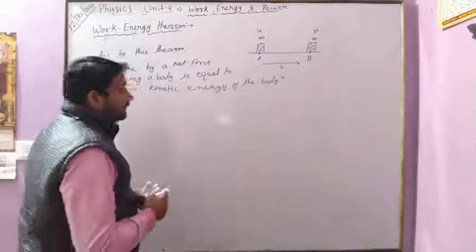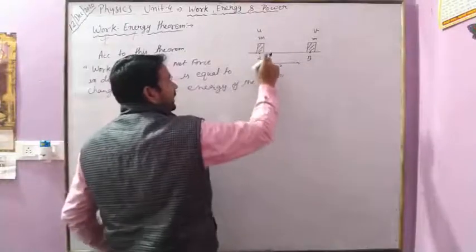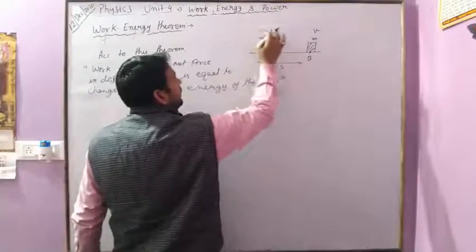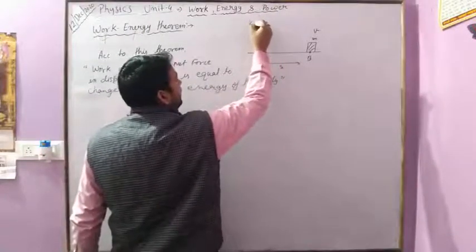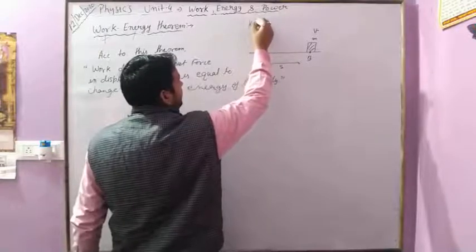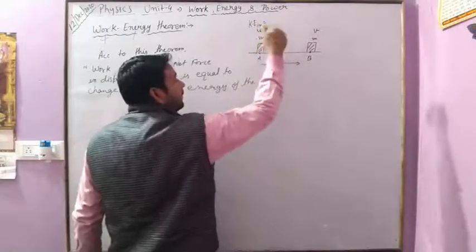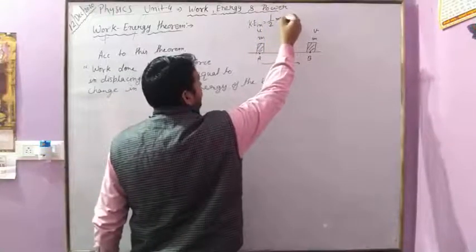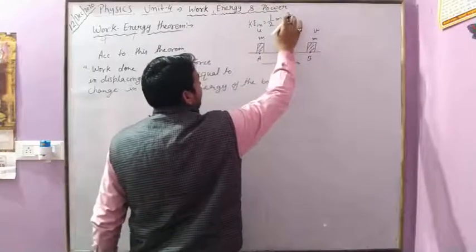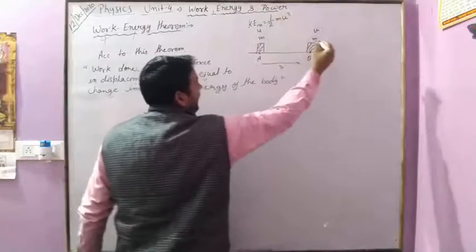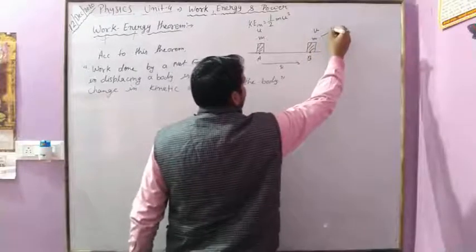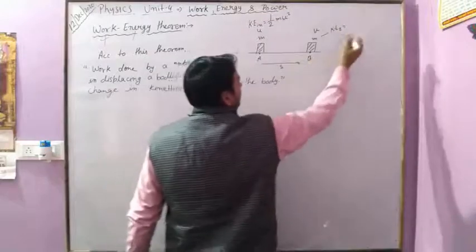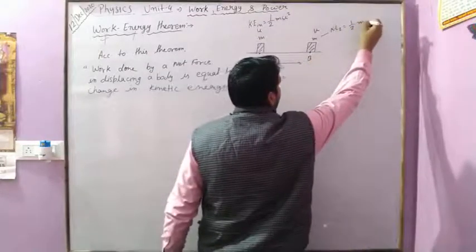Okay, here if at point A the body has mass m and velocity u, so we can say the initial kinetic energy, as you all know, is half into the product of mass and velocity squared, half mu square. And for the second situation, the kinetic energy at B is half mv square.